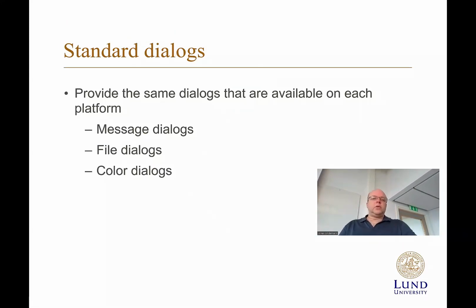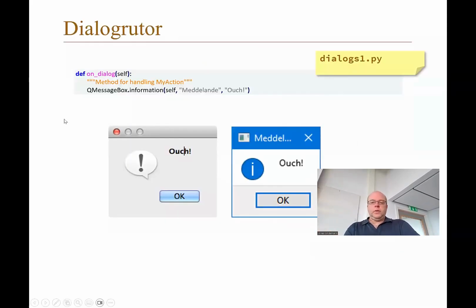Another thing that is built into Qt is a lot of standardized dialog boxes that you can use. The ones we are going to use in this course are message dialogs. If we want to display a message that, for example, something went wrong or some information, you use these message dialogs. If at some point in your code you want to ask the user for a file name, then you can use the file dialogs.